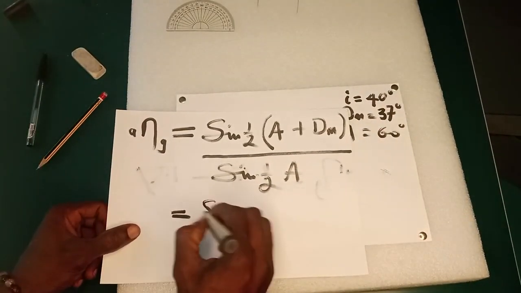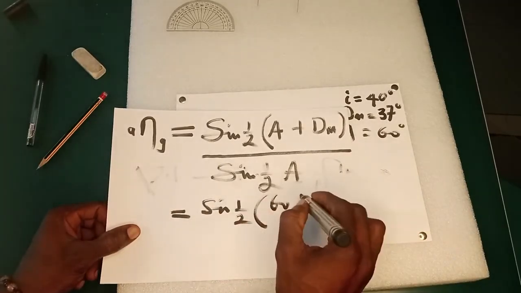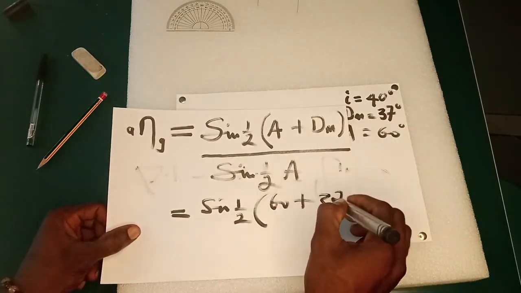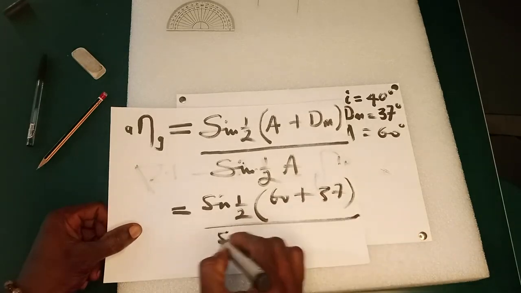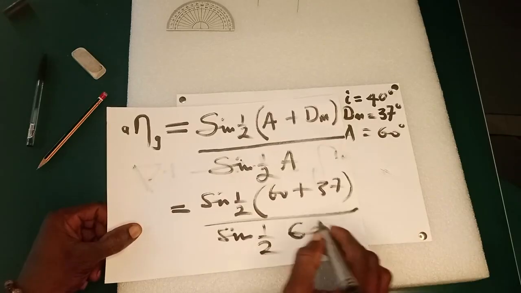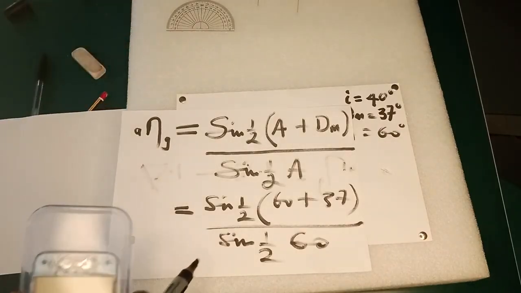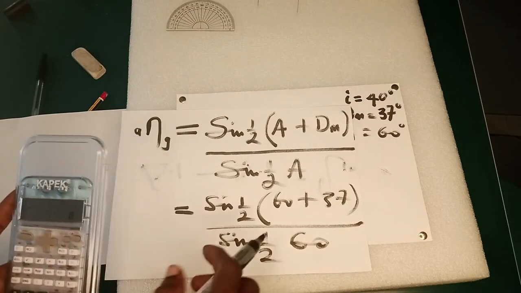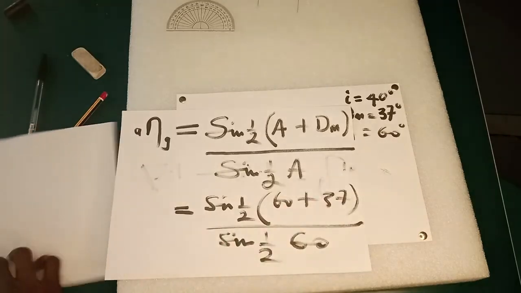This is the same thing as sine of 1 over 2 into 60 plus 37, all over sine of 1 over 2 times 60. If you do that correctly, we have 97.